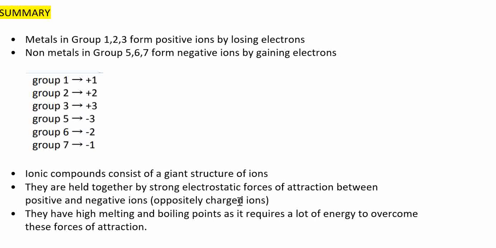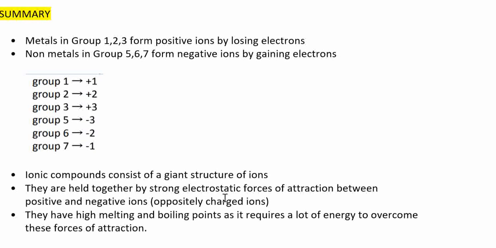As we know, positive and negative ions attract one another. That's why ionic bonds are very strong, and they have high melting and boiling points as it requires a lot of energy to overcome these forces of attraction.